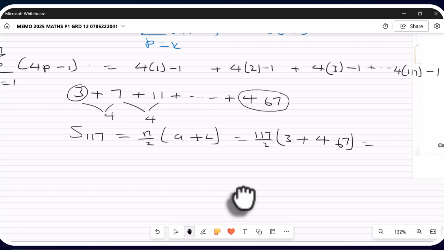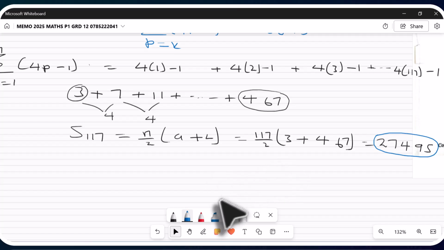If I subtract that, it gives me 820. So here I'm getting 820 after subtracting. Now this 820 is the sum of the number of terms just before k.